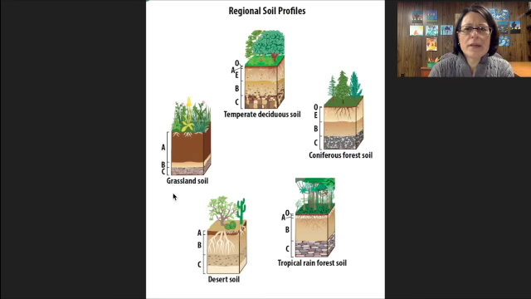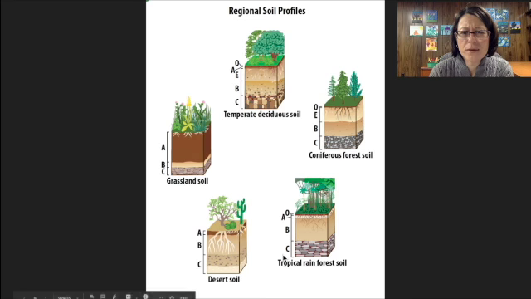And we can see here that these are different soil profiles. So depending on the climate and temperate deciduous soil, we have the O horizon. We have all of those horizons present. In a coniferous forest, we have very little topsoil actually.